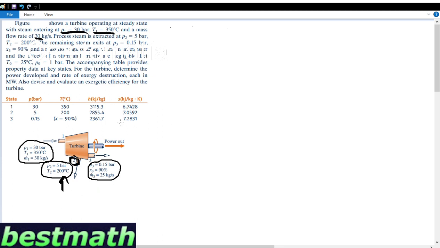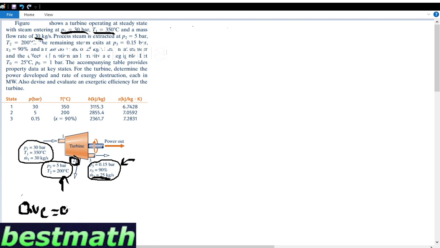The remaining steam exits at P3 equals 0.15 bars, X3 equals 90%, and a mass flow rate of 25 kilograms per second. Stray heat transfer and the effects of motion and gravity are negligible.